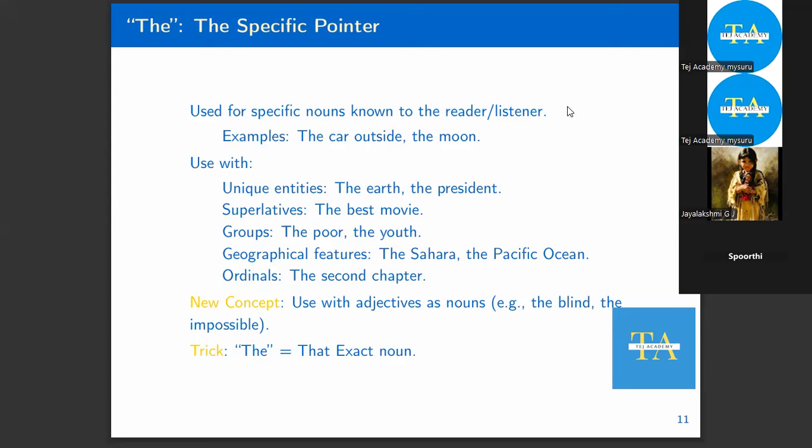If the listener and the speaker both know about the noun, we can use the in front of it. Or the moon. Everyone knows the moon. So we can say the moon. The moon is bright today. Here we also use the.